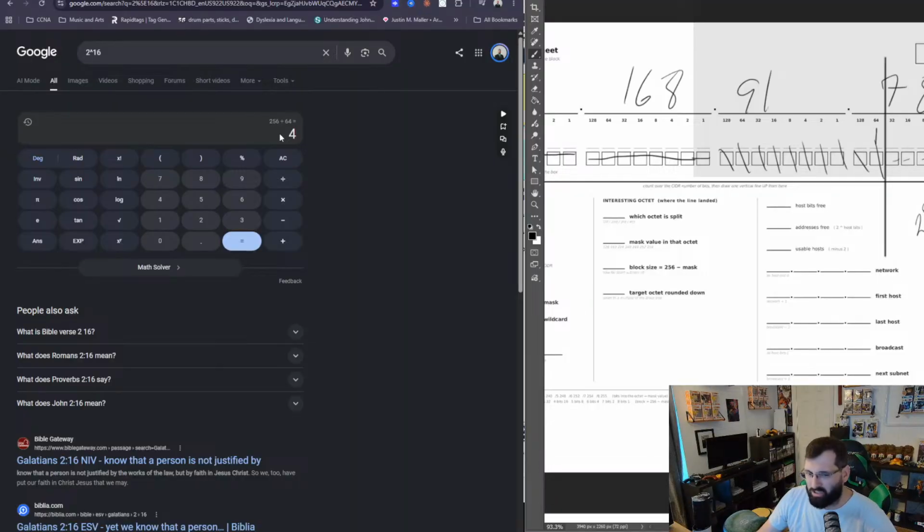That's why I was like, that should not have been a decimal. Okay. It's 4. So our block size is 4. So now what we're going to do is we need to multiply 4 by 64. No. What do we multiply 4 against?